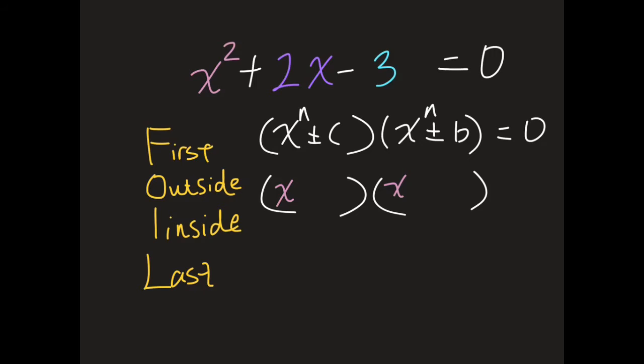So the signs are plus and minus, and also because x and x are the same, it doesn't matter if it's a plus here or if there's a plus here.